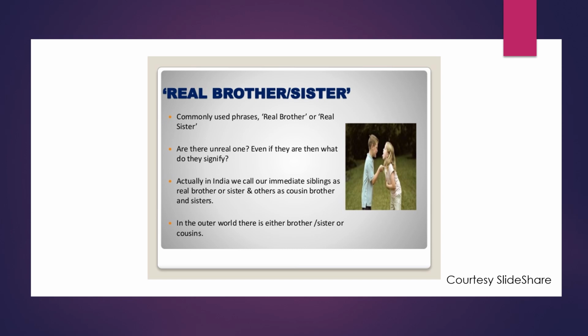Therefore, if at all you're introducing your siblings to anybody, it has to be that's my brother or sister. If the person is not your brother or sister but happens to be a relative, then the person is a cousin, and never a real or a cousin sister or brother. It has to be with the blood-related siblings, with the same parents. It is brother and sister and never real brother or real sister.